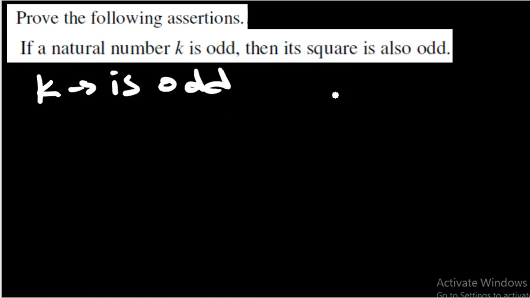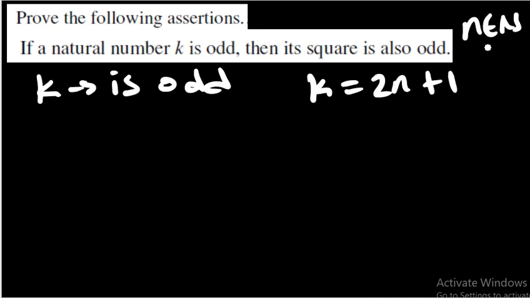If k is an odd number, we can represent odd numbers by 2n plus 1 or 2n minus 1, for n an element of natural numbers. Any odd number can be represented by 2n plus 1 or 2m plus 1, anyway, 2 times some natural number plus 1 or minus 1. But even numbers, no plus 1 or minus 1, simply 2n. Try to record those concepts.